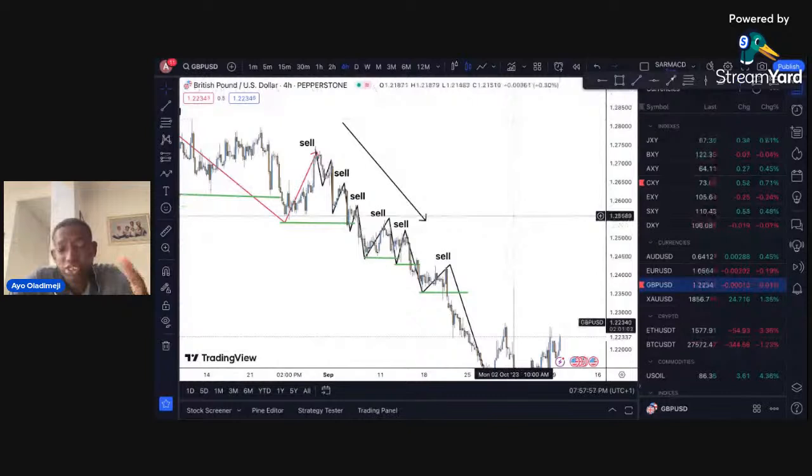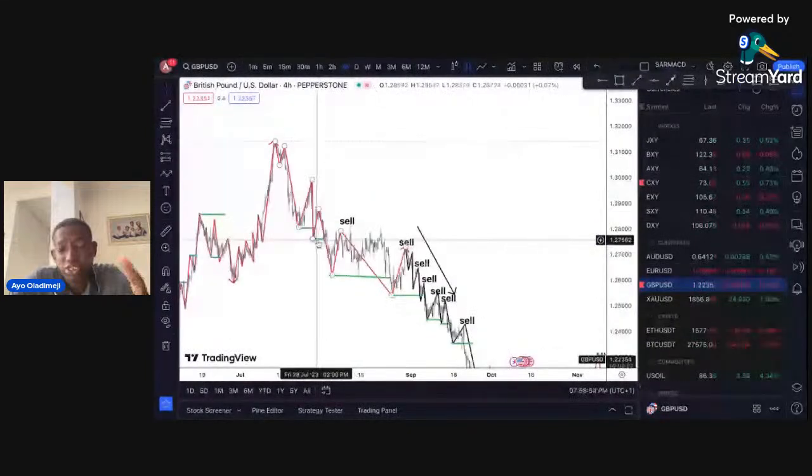So if you're in a downtrend and a low is broken, you wait for price to move in the opposite direction, that is to buy in a pullback, and then you sell at the end of that pullback. If another low is broken, wait for price to pull back, then you sell at the end of that pullback for the next impulse.